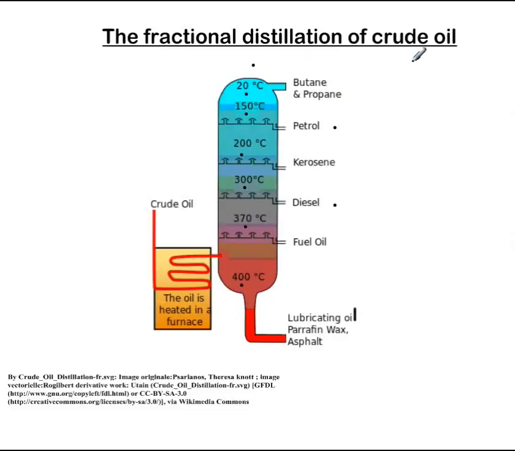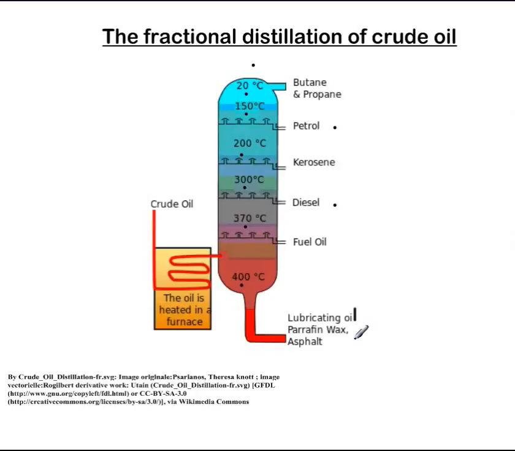And as we go higher up in this fractional distillation tower, the temperature gets cooler, and at different temperatures different hydrocarbons will condense and they are tapped off and used for the various purposes. So these are just some of the substances that are used: butane and propane, petrol, kerosene, diesel, fuel oil, lubricating oil, paraffin wax, and asphalt. And we see that they have so many different types of uses.